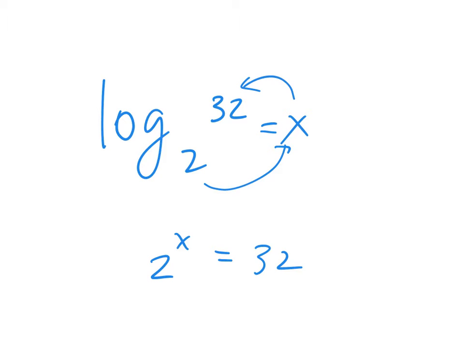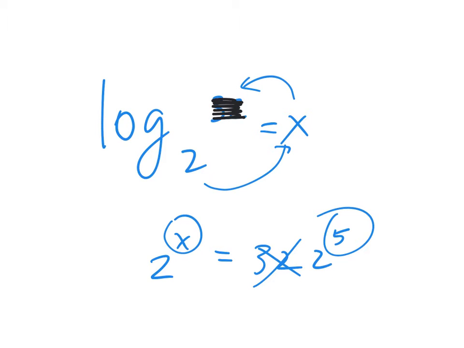And then couldn't I have changed the 32 into a 2 to the 5th? And then they have the same base, and then x equals 5? That's exactly what you just did on your last test. It just involved a rewrite first. And my proposal was that you just get used to saying, oh, I'm going to replace the 32 without all of that other song and dance. I'm just going to replace the 32 as a 2 to the 5th. And then if these two are the same, the answer is 5.